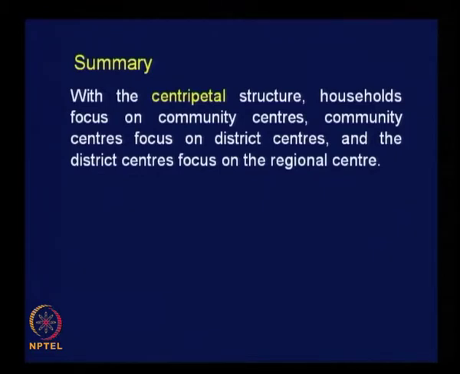So, these are the 4 different concepts tried out, and of course, this particular concept was not used elsewhere in any part of the world except in Hampshire, because of the complexity involved. Within each category you need to have a through route as well as access route.